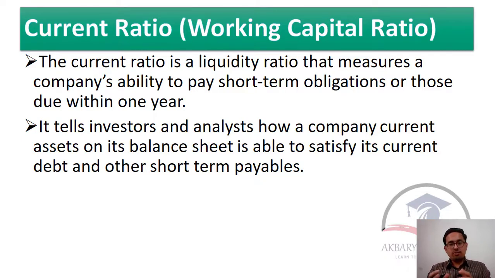With the current ratio, we measure whether the company is able to cover its short-term obligations. What are the short-term obligations? Mostly the current liabilities, which are payable within 1 year. Is the company able to cover these short-term liabilities with its short-term assets, or current assets, or not? This is the current ratio.